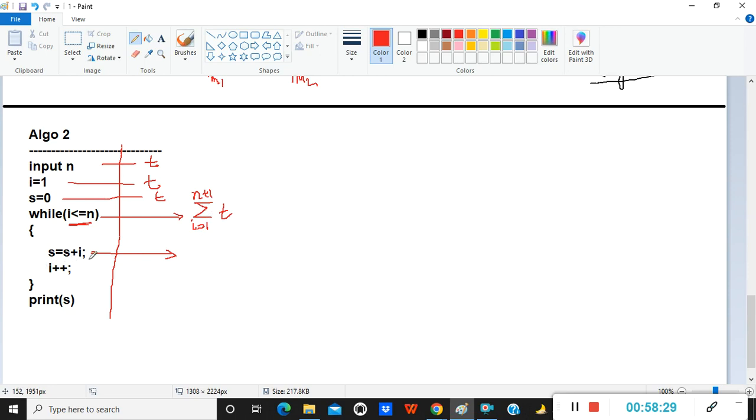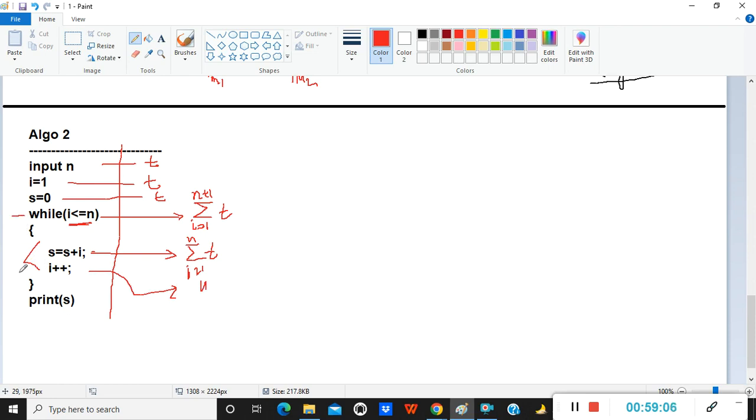Next, tell me what will be the time taken by this statement. This will also be taken for I to n times only. Yes, this time you are right. So I can say that this will be a sum of time for I equal to 1 to n, and this will also be the same thing, because this is the loop body and this is the loop head. A loop head will always execute one more time than the body.